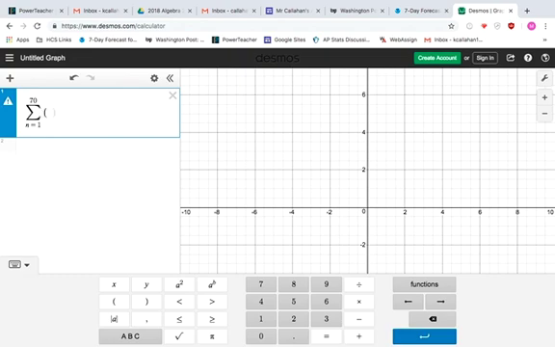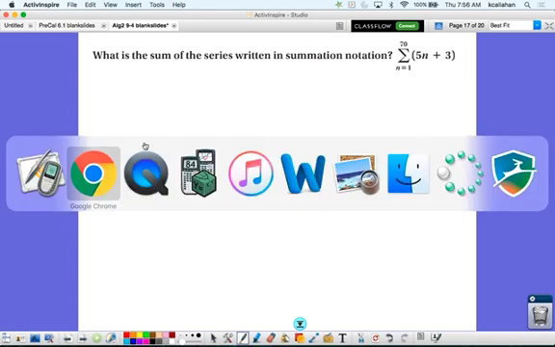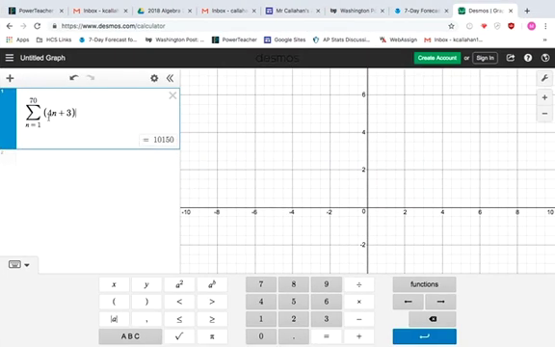I am going to use parentheses. You probably don't need it. 4n plus 3, enter. And something is wrong about that. 5n plus 3. So I should have made that a 5. And there's the same number, 12,635.